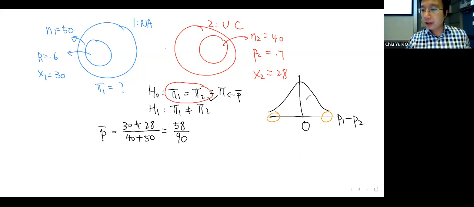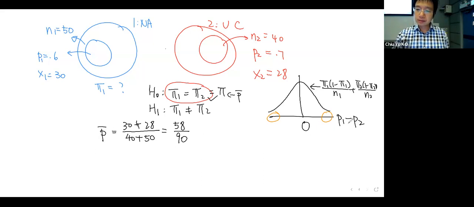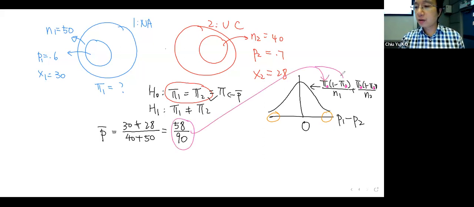How do we proceed? We know the variance will be pi 1 times 1 minus pi 1 over n1, plus pi 2 times 1 minus pi 2 over n2. Under the null, they're the same pi, so we don't need the subscripts, and this is the best estimate, so you just put that there.